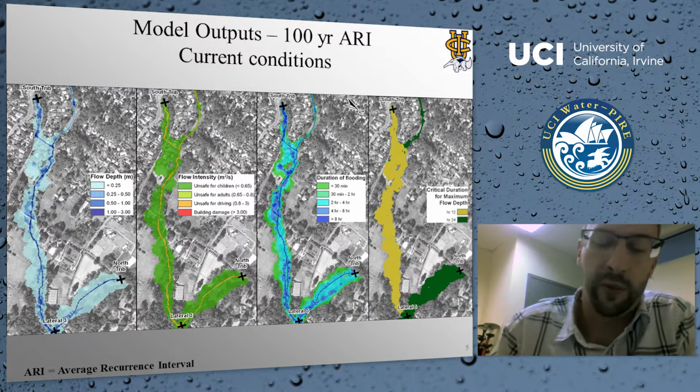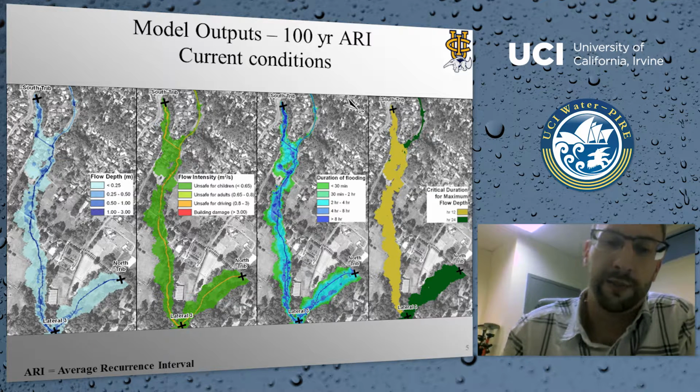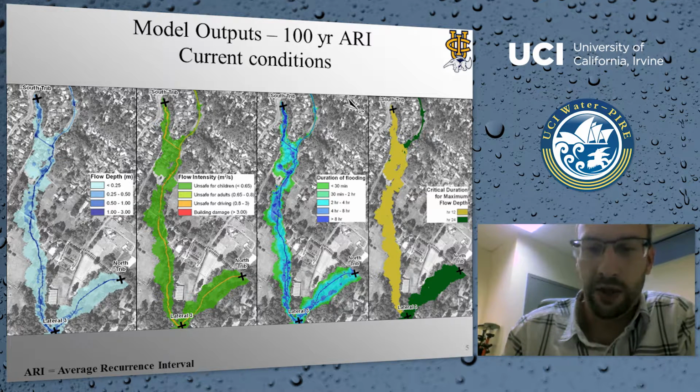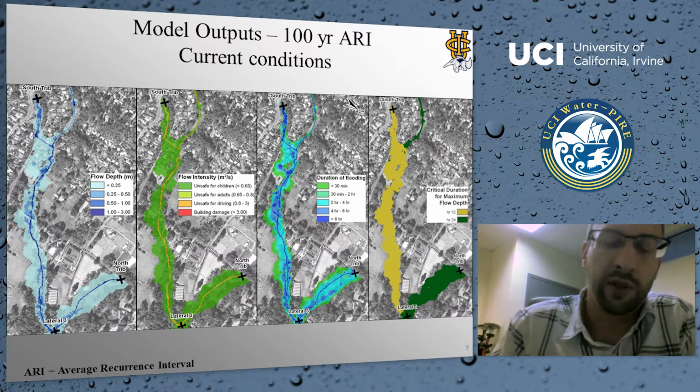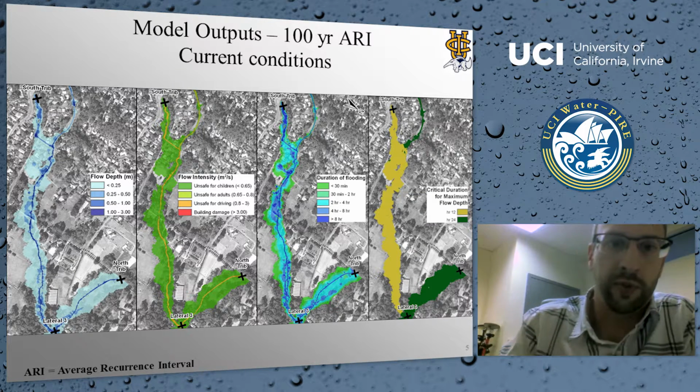These are the outputs from Matt's hydrologic model under current conditions of LIDs. So this slide gives us an indication of what the current flood hazard is in the Little Stringyback Creek watershed. I've zoomed in onto a 1 kilometer reach of the site, and in this particular reach, the flow goes from top to bottom in those figures.